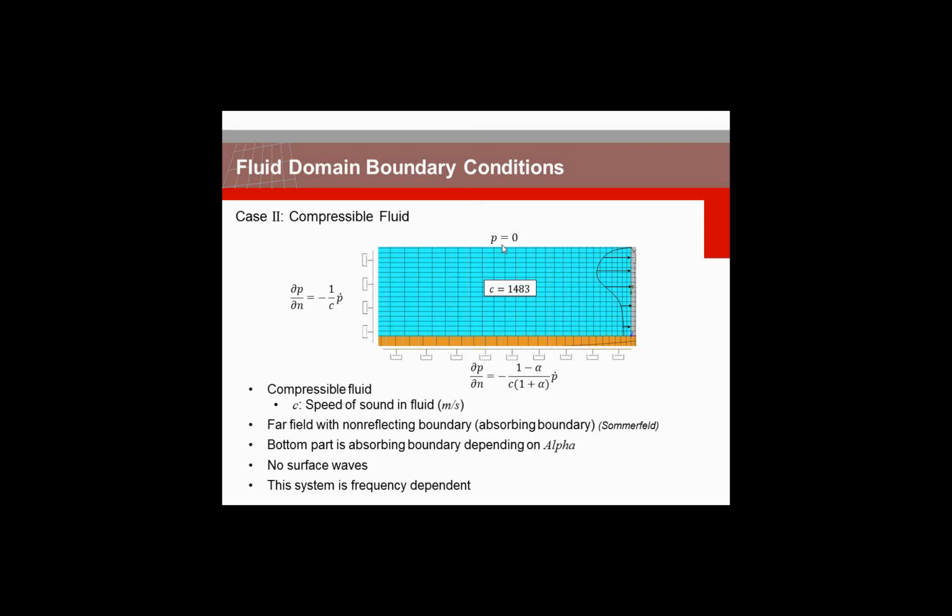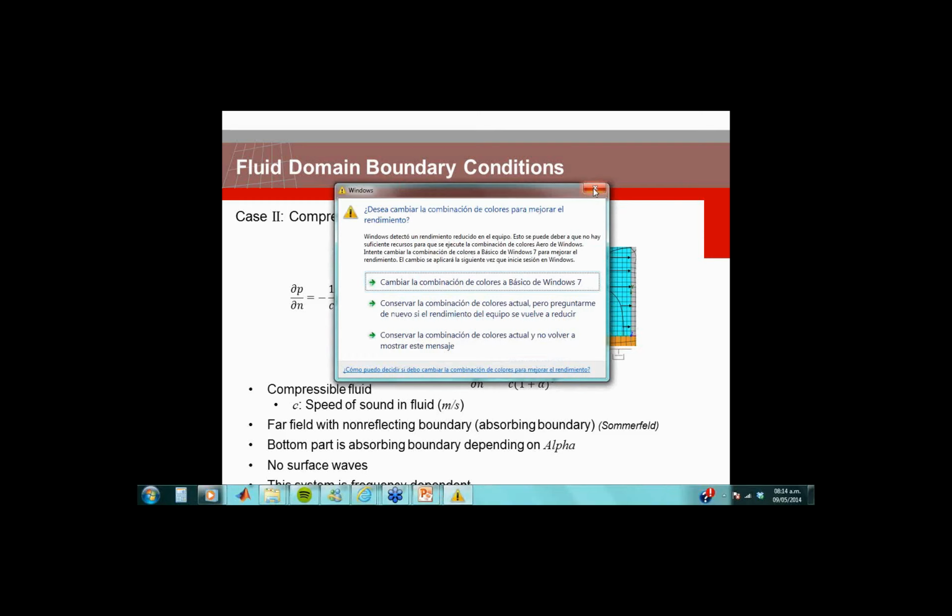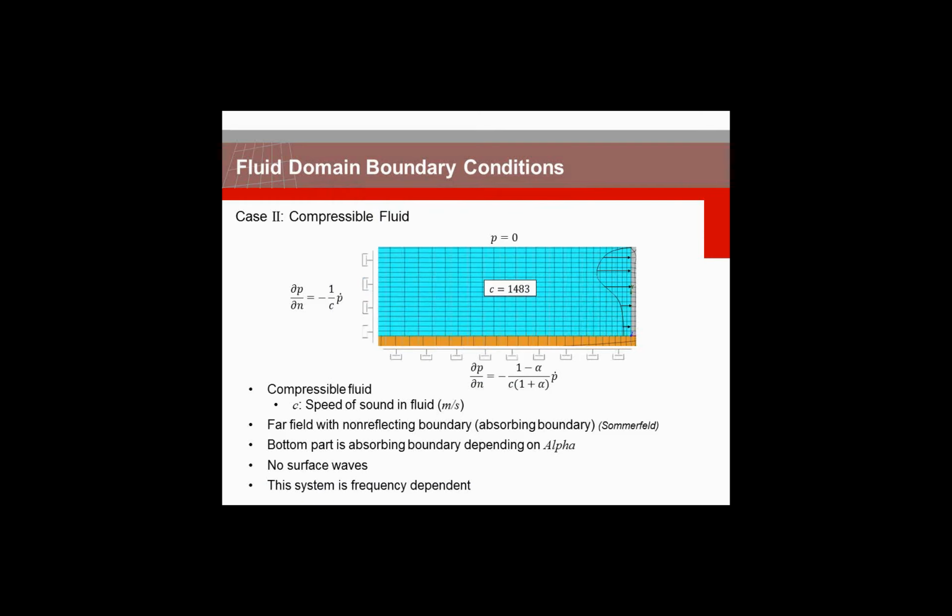And again, we can have the top boundary set equal to 0, but on the left side we have a far field non-reflecting boundary. So this is a boundary that absorbs the waves, so it does not allow the waves to go back into the system, right? And it is defined in terms of the gradient of pressure, the time derivative of pressure, and the wave velocity of the fluid.